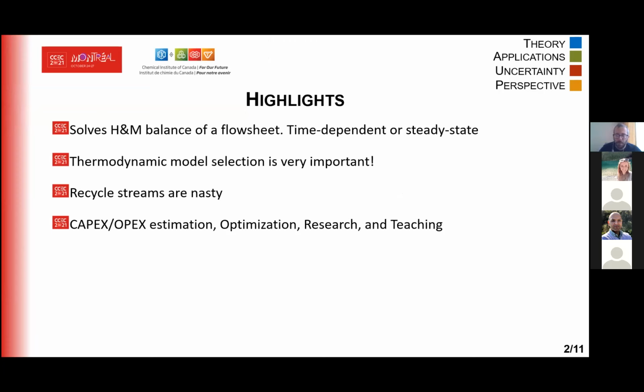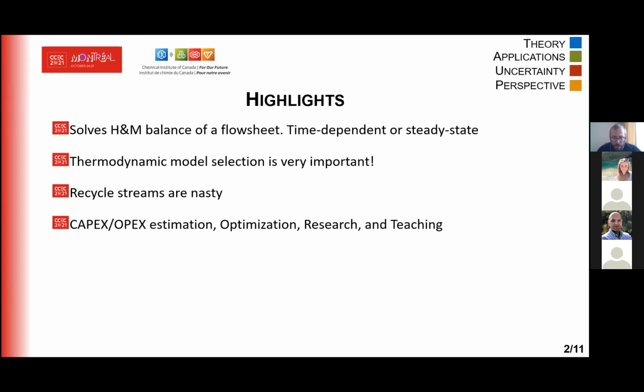One of the prerequisites for a good simulation is the selection of the best thermodynamic method for the component mixture and for property estimation. We will see some examples after. We will also briefly talk about recycles. Most of the errors and solutions not found originate from recycles, indeed.